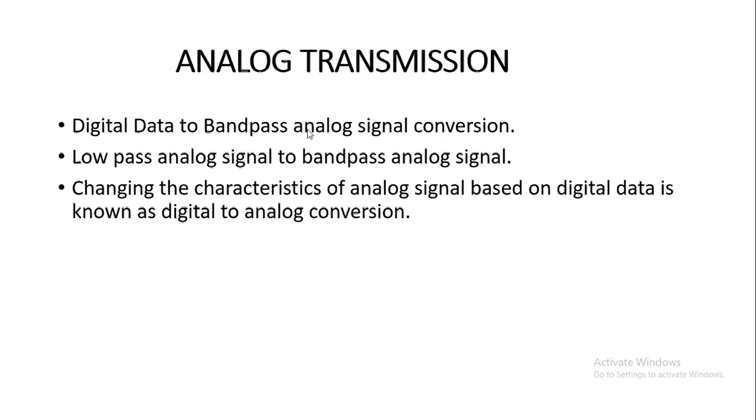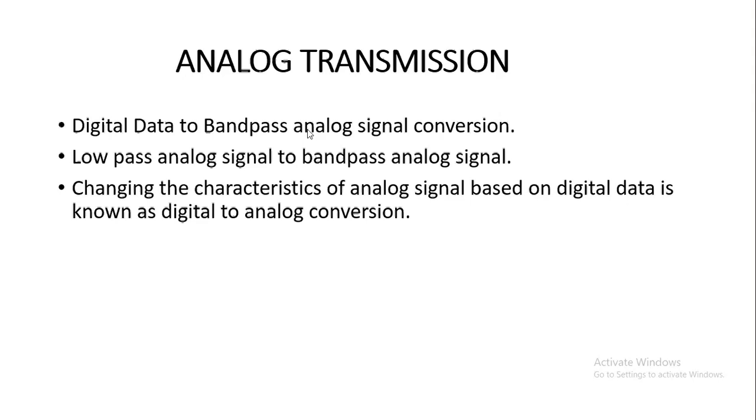what happens exactly when we convert a digital data to a bandpass analog signal is that we normally map the digital data with any of the signal characteristics like your amplitude, phase or frequency, so that it can be transmitted through your bandpass analog channel.